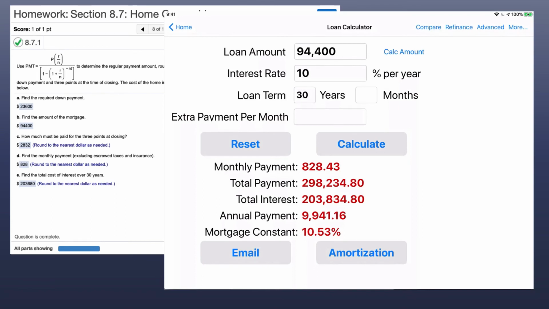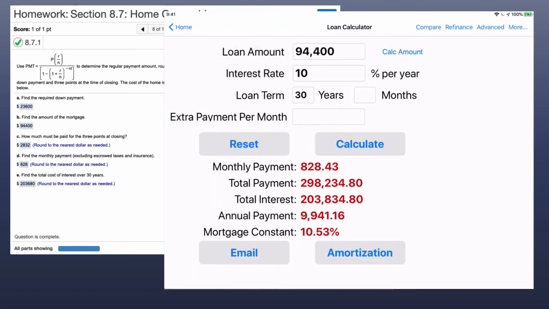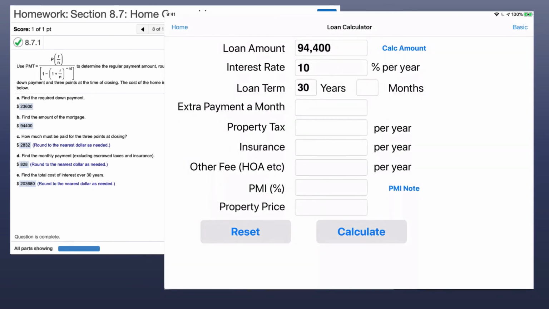So the other cool thing about this app is there's a ton more options up top. So I don't know if you noticed, but up top there's a compare button. Some of your homework problems have you compare loans. So this is a real cool way to compare some loans. If you go advanced, you can actually put in some advanced things similar to the website.